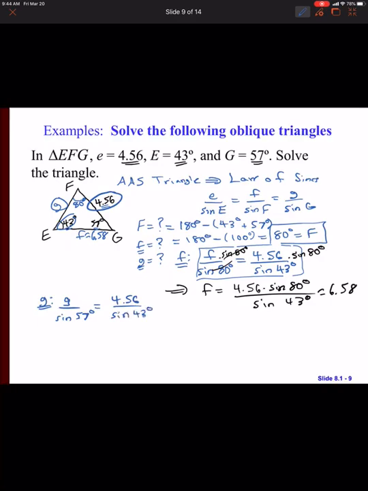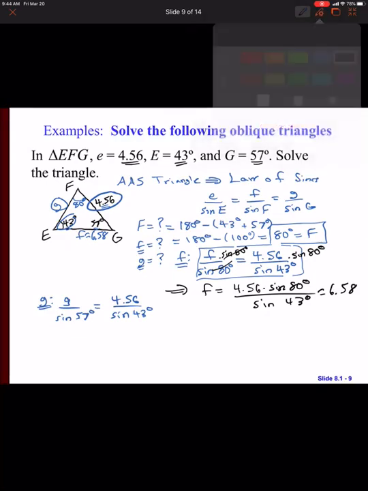I could have used F and angle F, as I just found side F. But again, maybe I made a mistake, so I don't want to compound my errors. I'm going to stick with the given information. So let's go ahead and solve that.